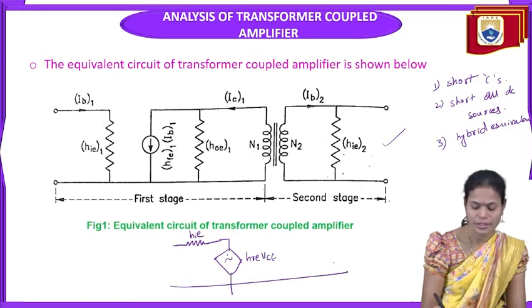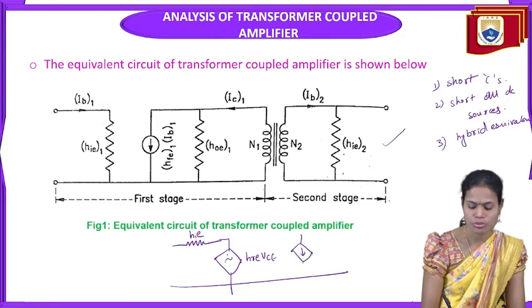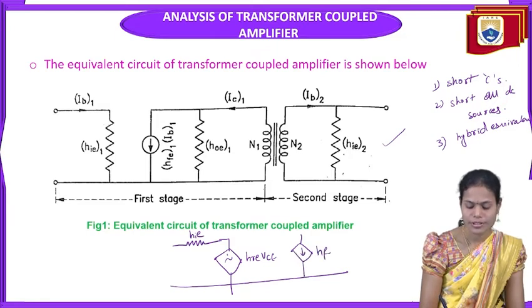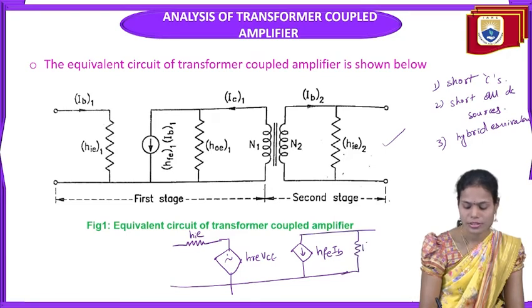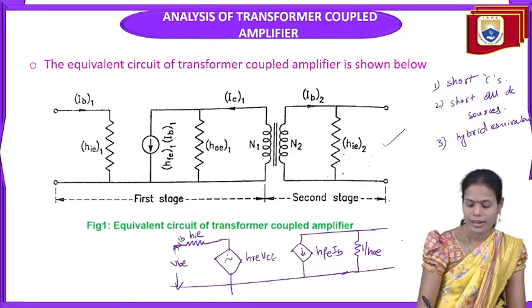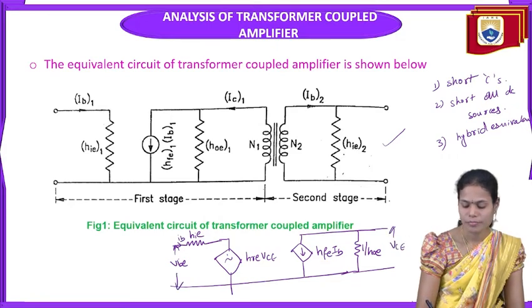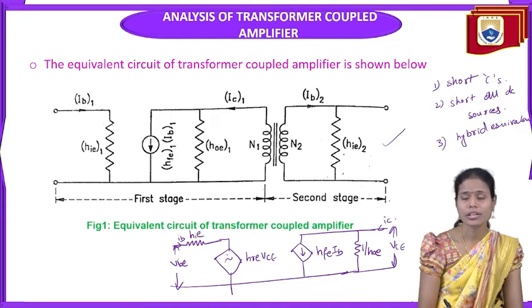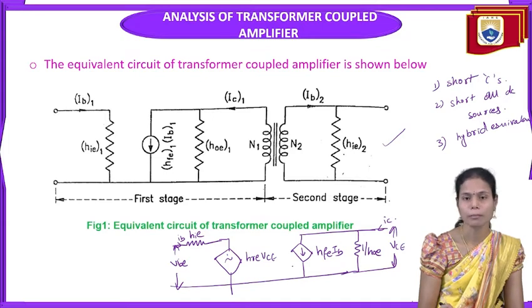This is the input side, and across the output side we have the current source hfe Ib, and the admittance hoe, that is 1 by hoe. Here the input voltage is Vbe, input current is Ib, the output voltage is Vce, and the output current is Ic.